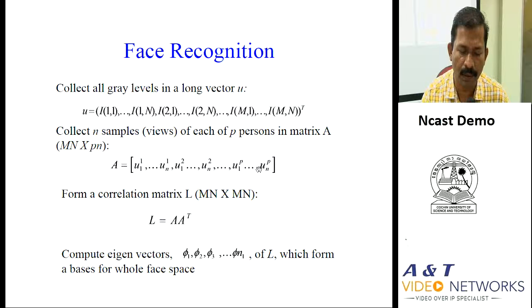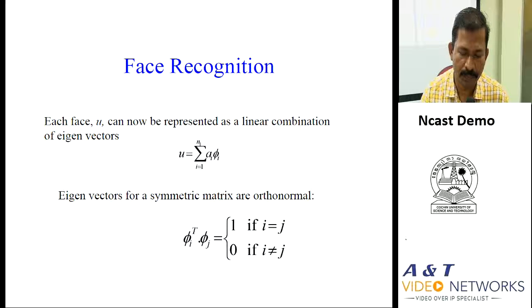So for all p we construct this A matrix, and then we go for a transpose matrix. So this is called a correlation matrix, and from this we are trying to find out the eigenvalues of this correlation matrix. So now the vector u is represented as a combination of these eigenvectors. So from linear algebra you might have studied that you have a vector space, and you can actually squeeze this vector space into a smaller form by identifying all the basis vectors of this vector space.